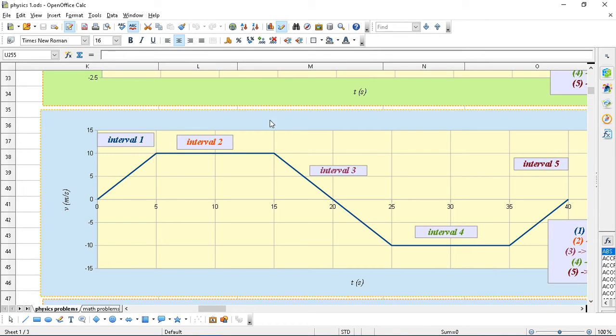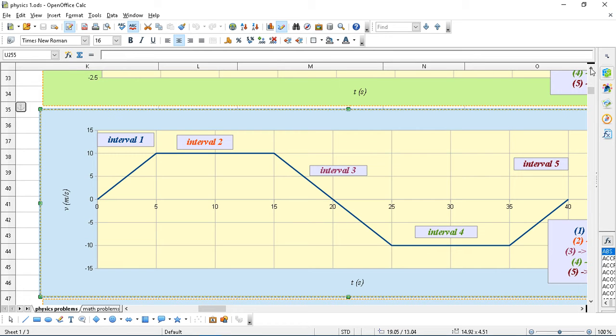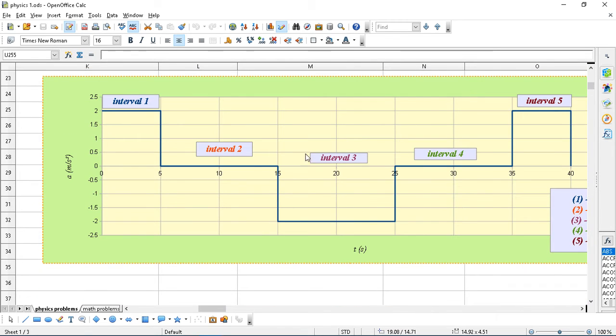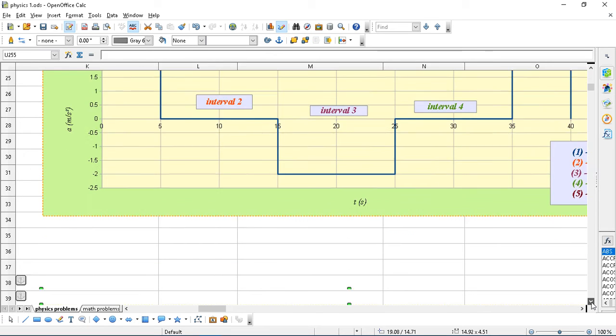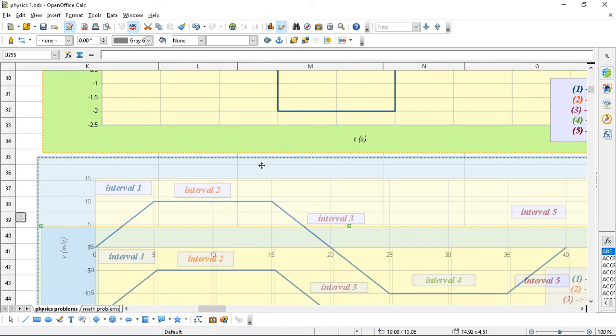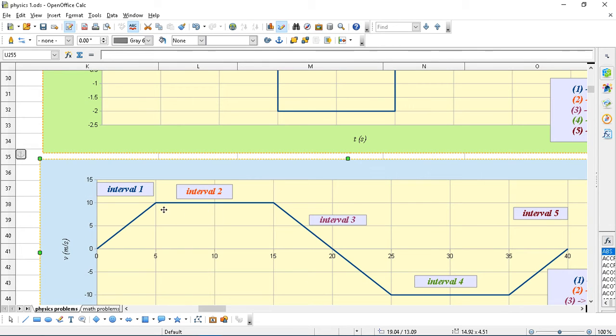For interval 2, since the acceleration is 0 meters per second squared, this velocity is constant and remains at 10 meters per second from 5 seconds to 15 seconds.